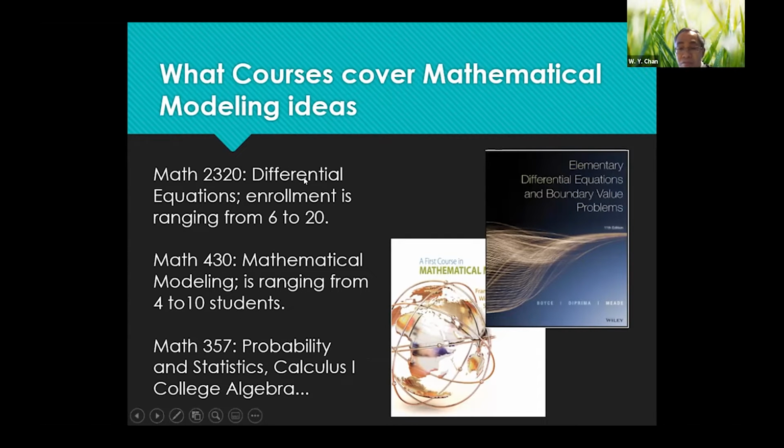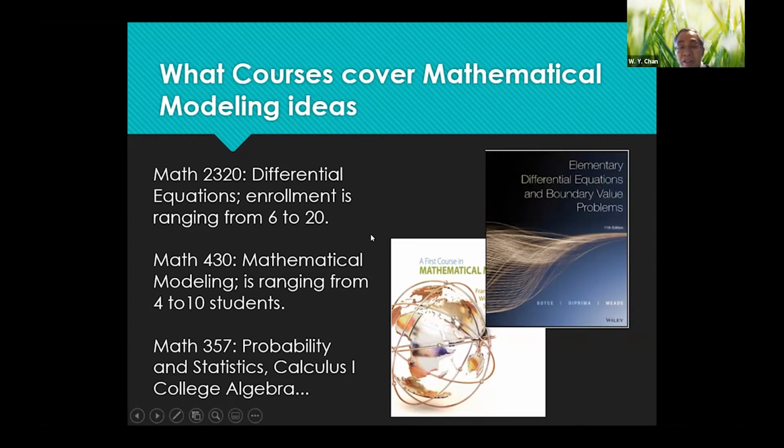In differential equations, we are in the middle of first order differential equations. So we introduce several mathematical models, especially first order differential equations, to our students. The size of the class is around 6 to 20. We are a small institute, so we don't have a lot of students in each class.